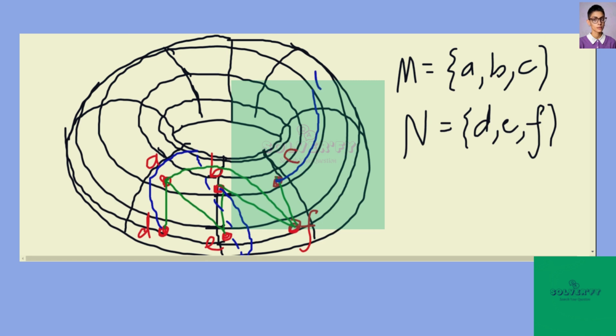And in fact, I can go on the complete other side of the torus up here. So these dashed lines mean I'm behind the torus. And then I'll come back out and I'll go underneath and connect to D.